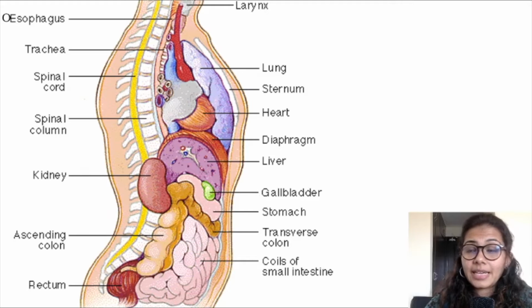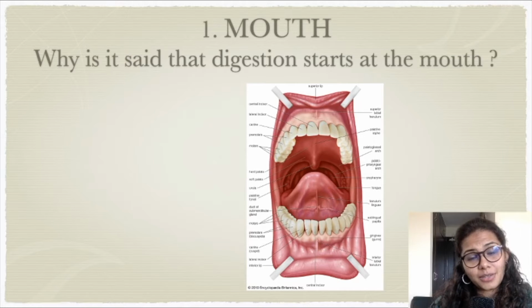So food pipe lies behind our windpipe, and all of the structure is protected by the backbone that houses the spinal cord, right? So yeah, that was about the whole picture. Now let's take each part one by one.